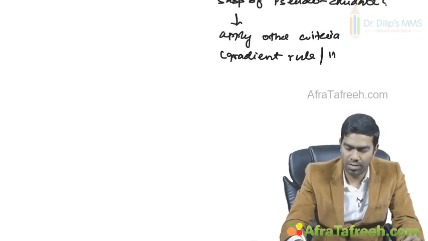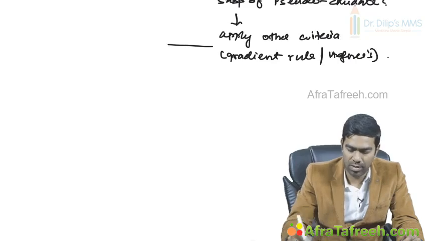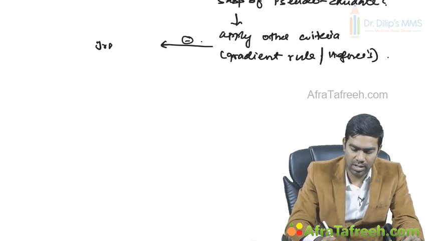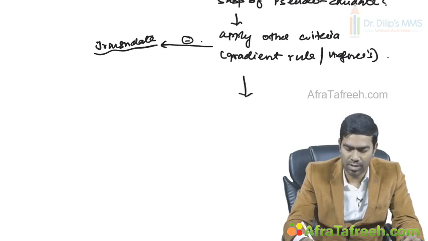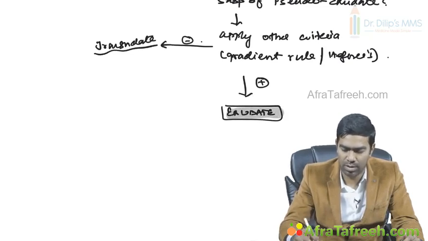Or we can use Heffner's 2-test rule or 3-test rule. If the other criteria are negative, likely it's a transudate that is showing exudative features in Light's criteria. Or if the other criteria become positive, then you can confirm it's an exudate. Exudate is almost confirmed.